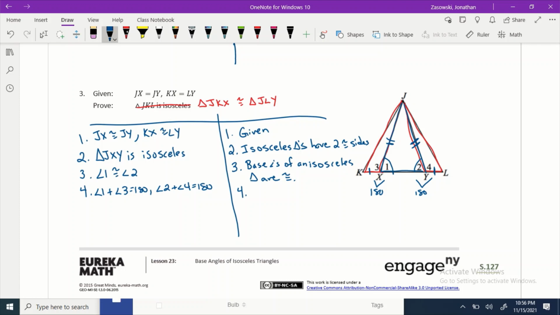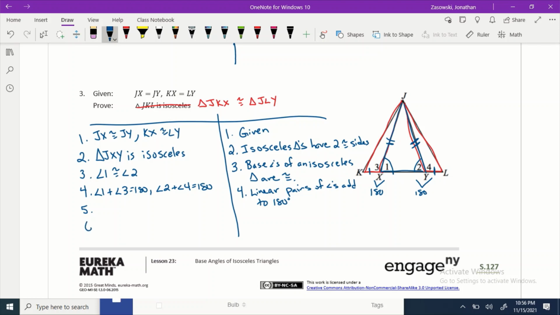Okay, and then what's the reason? Remember, there's a few reasons we can put down. We'll put down the old linear pairs of angles add to 180 degrees. Now, you could have said, right, supplementary angles add to 180 or angles on a straight line. So a few options for you. If you wrote something different, that's okay.